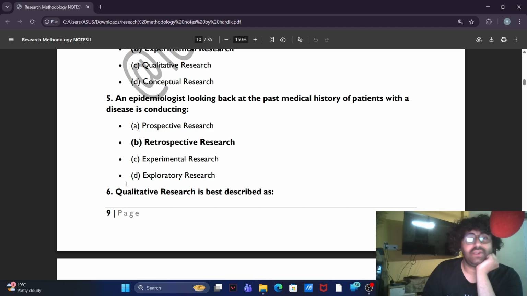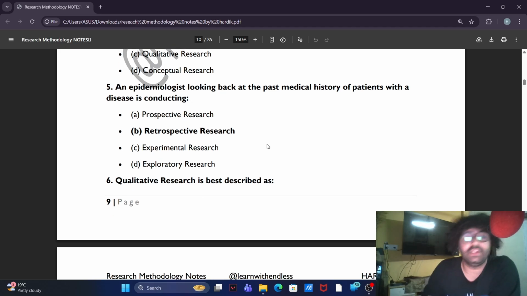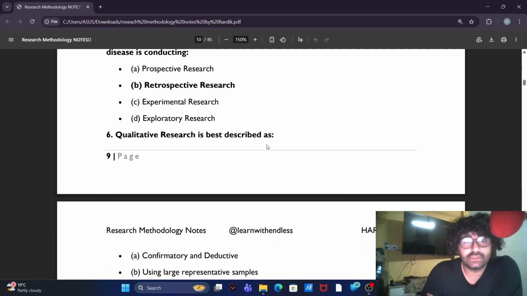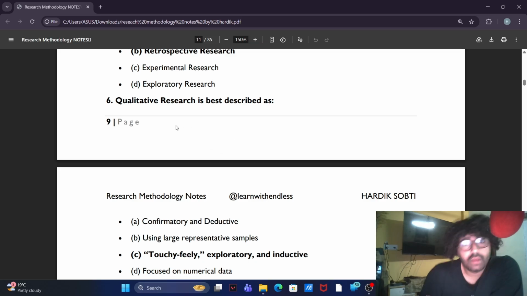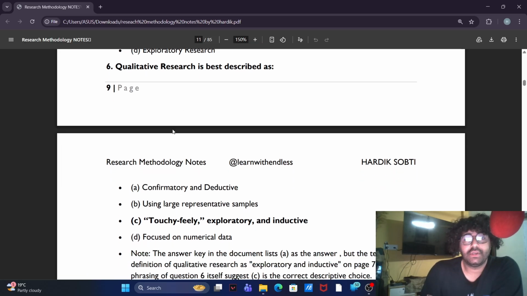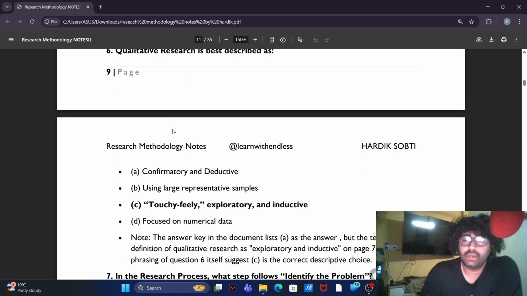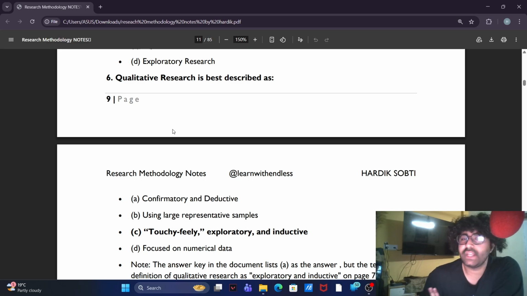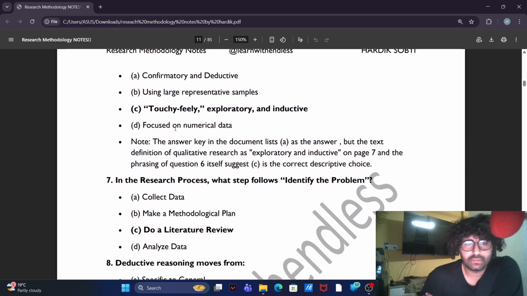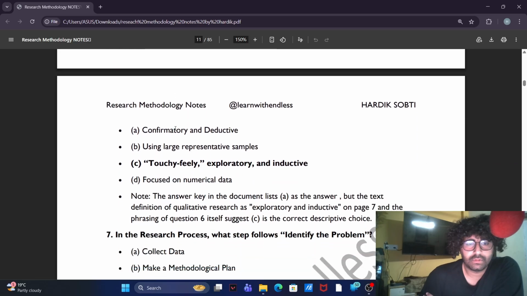An epidemiologist looking back at the past medical history of patients with a disease is conducting retrospective research. Qualitative research is best described as touchy-feeling, exploratory, and inductive.